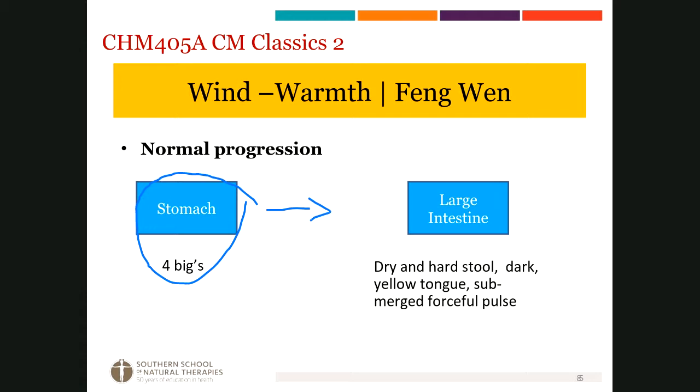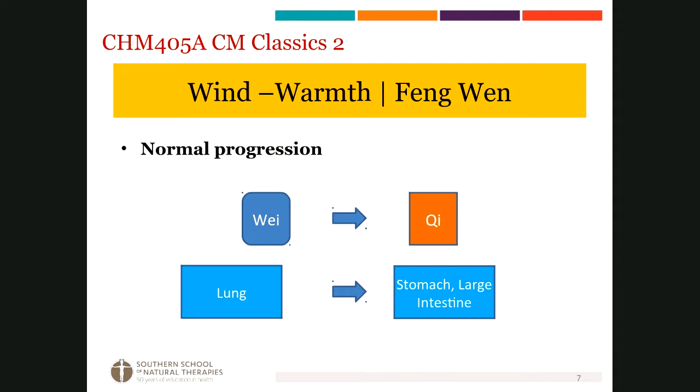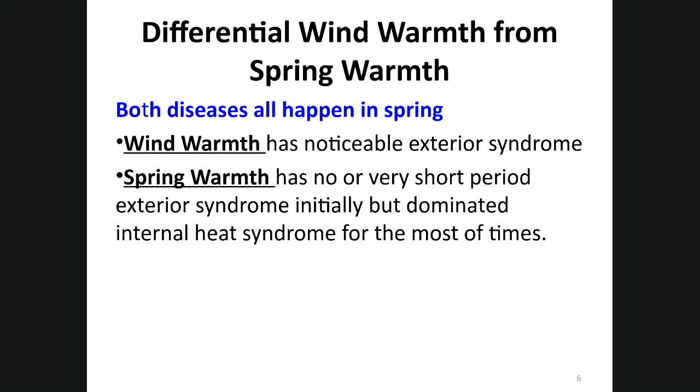Yingmei, sorry to go back a couple of slides to the differentiation between wind warmth and spring warmth. When you're looking at the exterior, and spring warmth being more of an internal heat syndrome, does that mean that spring warmth is more at the qi level compared to wind warmth? Spring warmth, yes, is dominant with more qi level.